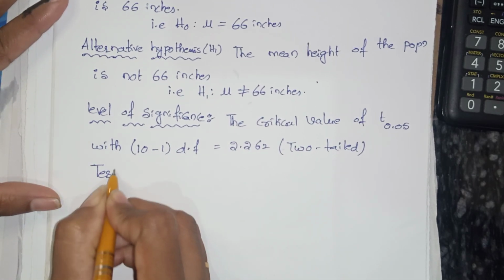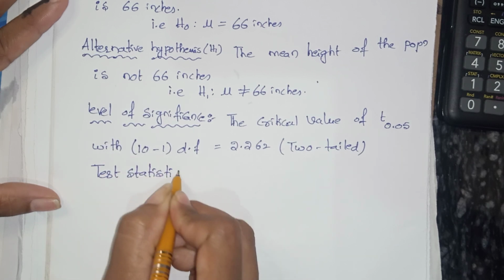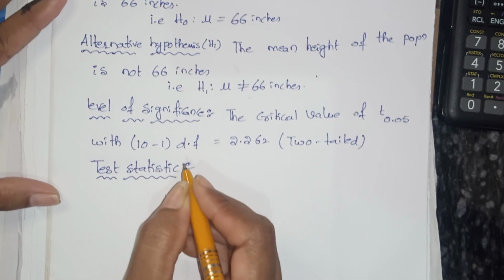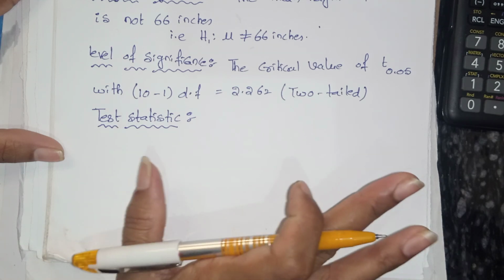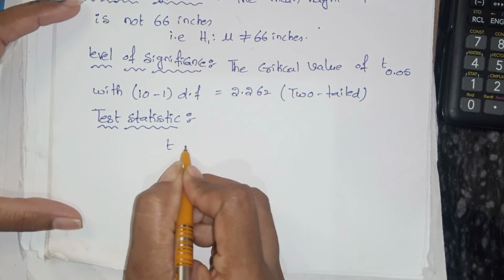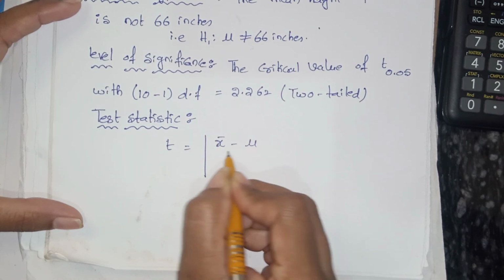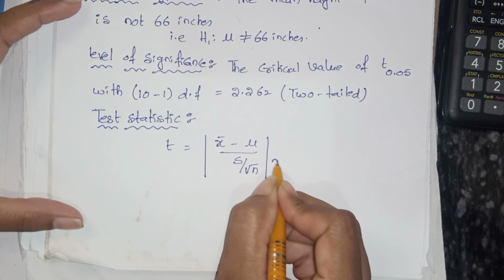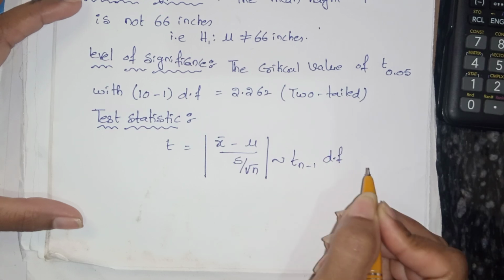Okay, and the next is the test statistic. Under the null hypothesis only we write this formula. The test statistic is T equals mod of x bar minus mu by s by root n, which follows T with n minus 1 degrees of freedom.